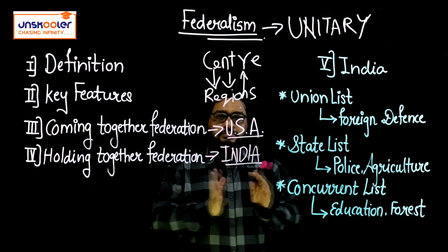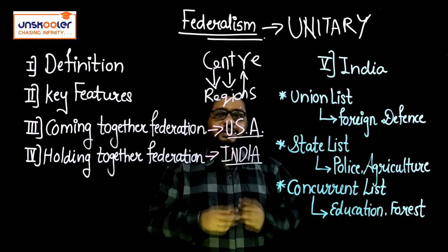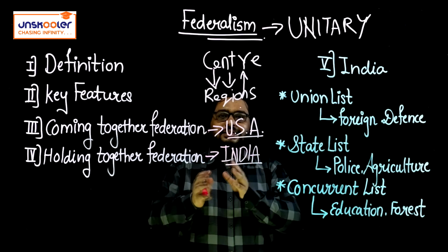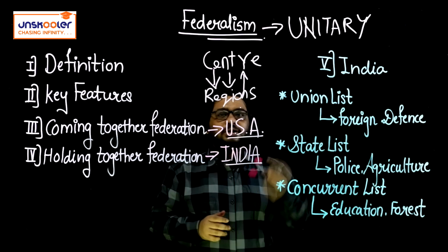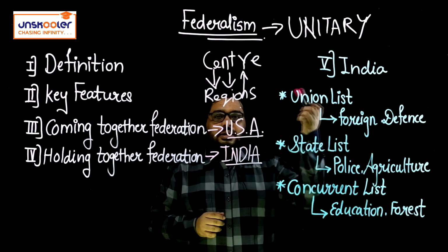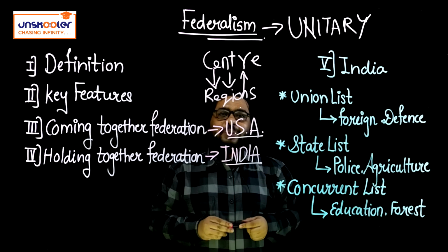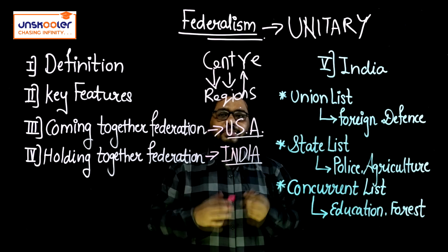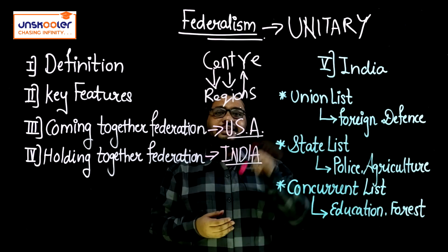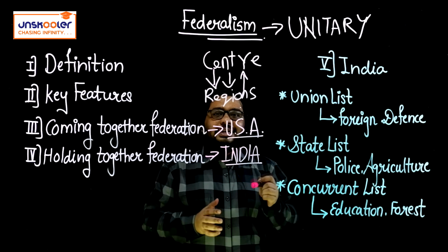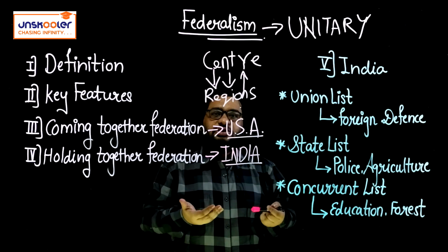Now, this might be a bit confusing. I'll explain. The form of government is federal, because we have a center and we have different states in India. But it is unitary in spirit, in the sense that if you look at the majority of powers, they still vest with the center. The center has the maximum and the most important functions.